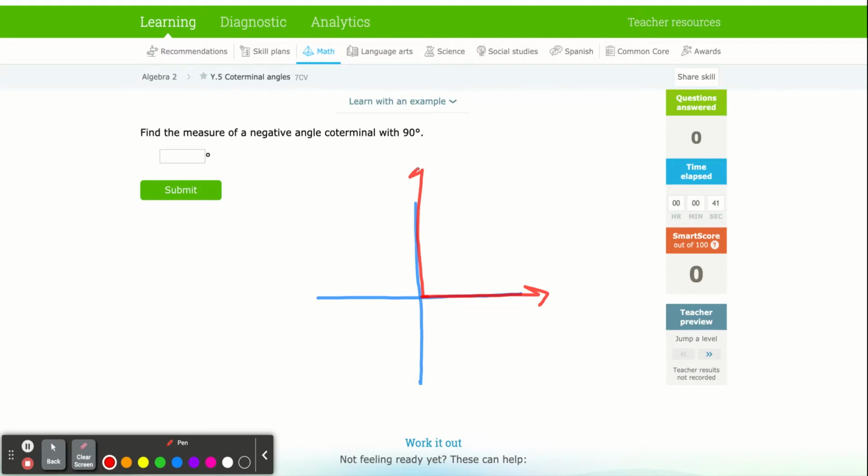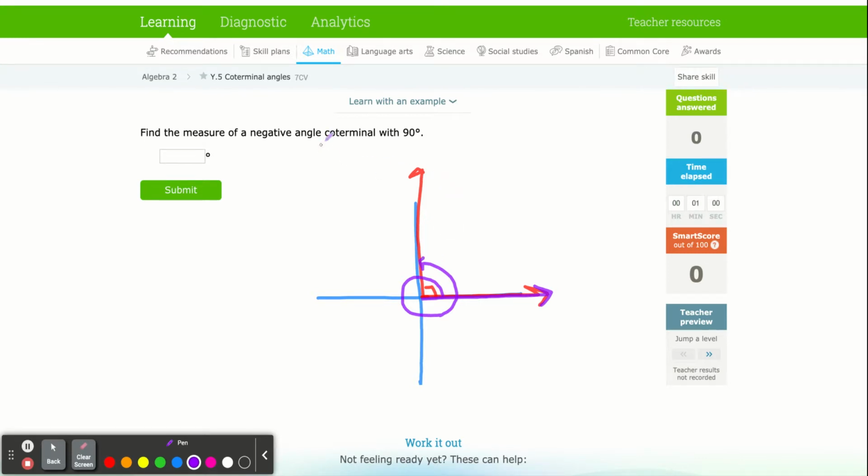So for instance, here's a 90-degree angle, okay? But I could do another angle that's in the exact same position. In other words, it has the x-axis as its starting point, but I rotate all the way around once for 360, then another 90. It's coterminal.